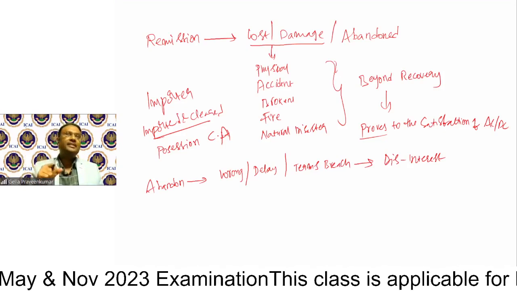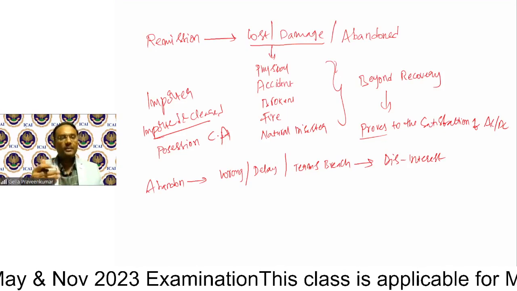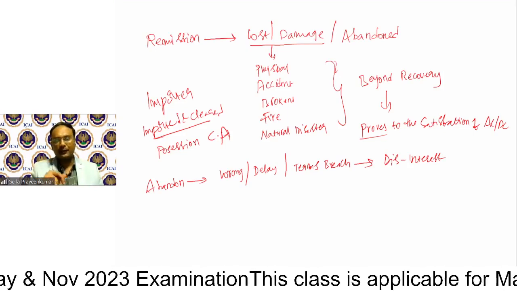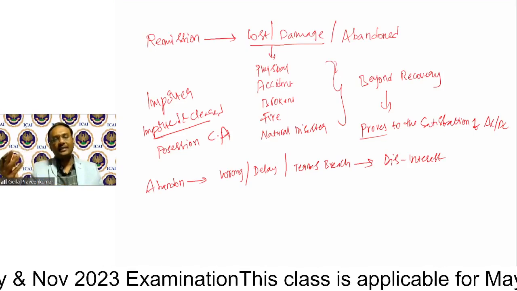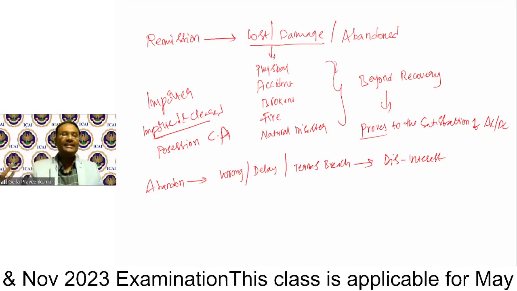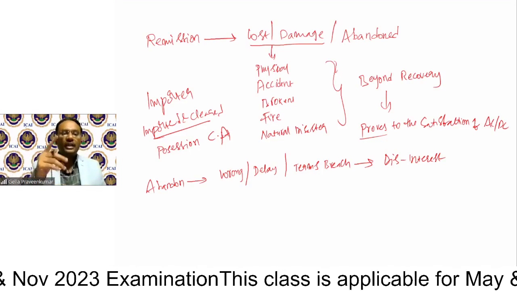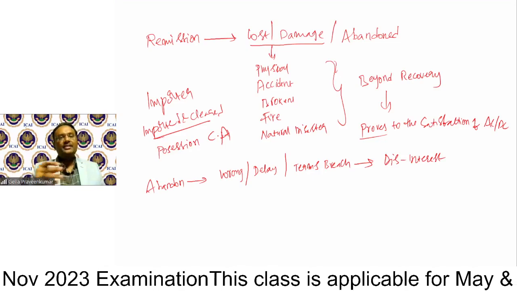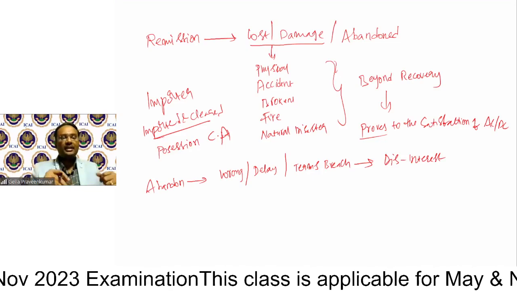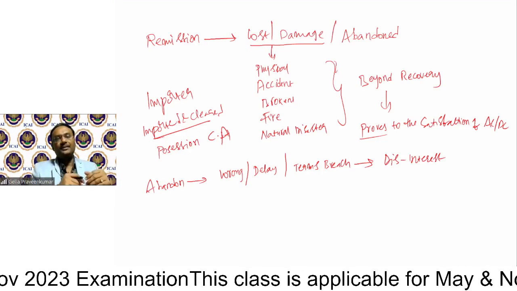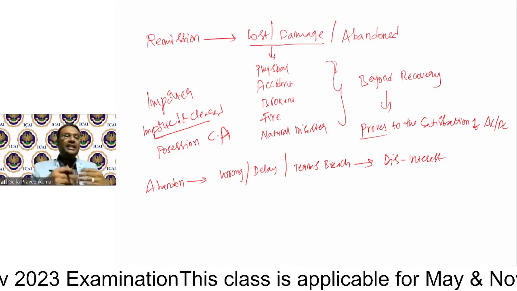What happens here? This hero places an order for a pair of shoes. So the seller on the other side sends a consignment of only one shoe. Instead of left and right, one shoe comes. Now this fellow says, what will I do with this? He abandons.